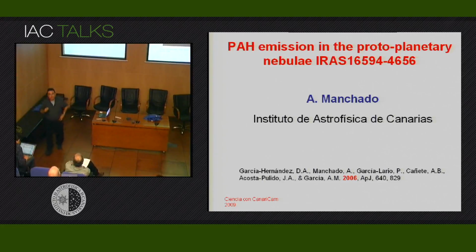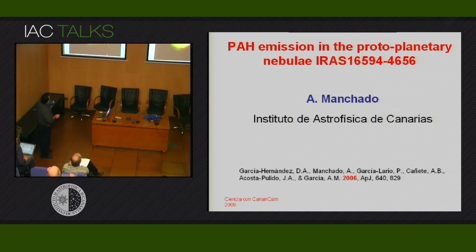We hardly could see it here, but it's very important because this phase is going to determine the PN morphology. That's the rationale for studying this phase. These are some examples of planetary nebulae. This is the Dumbbell planetary nebula, and the halo that we see here is the AGB phase.